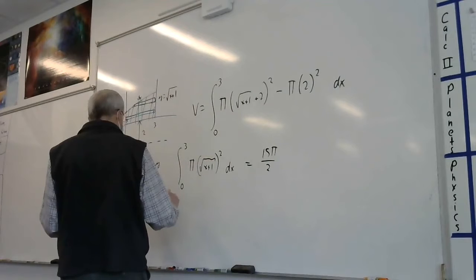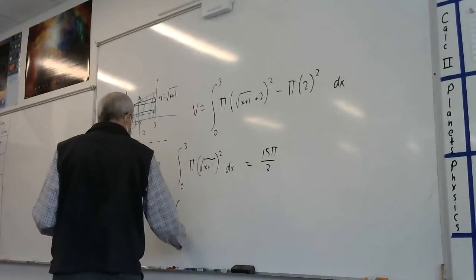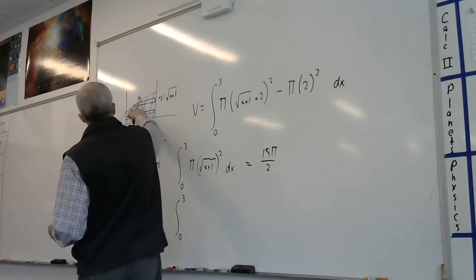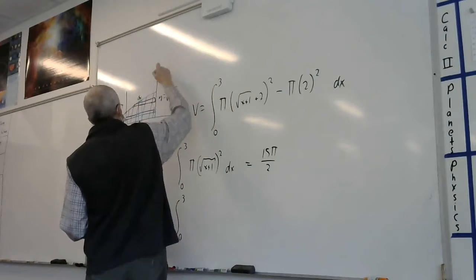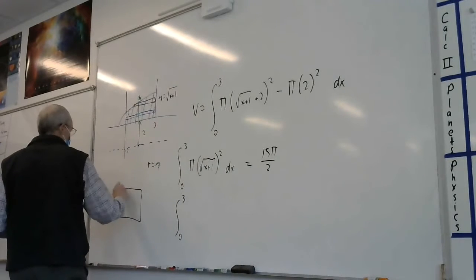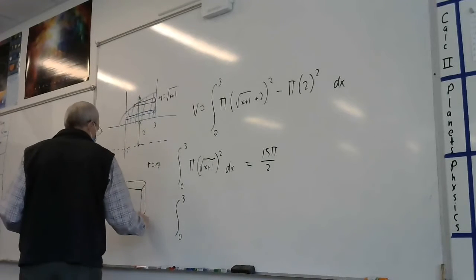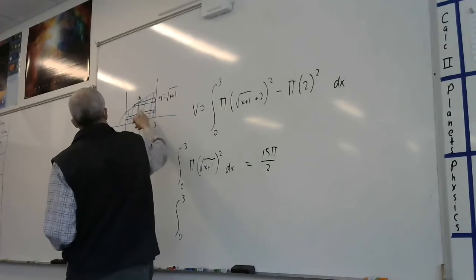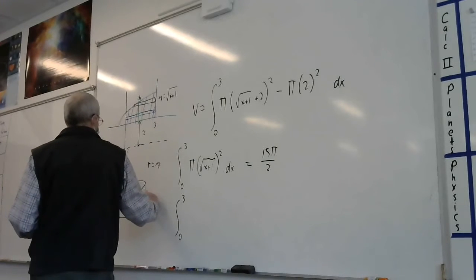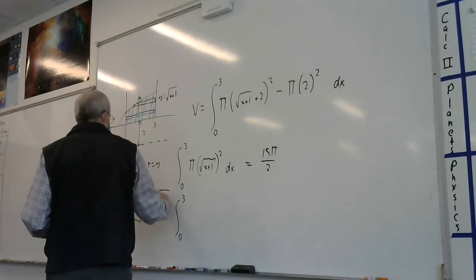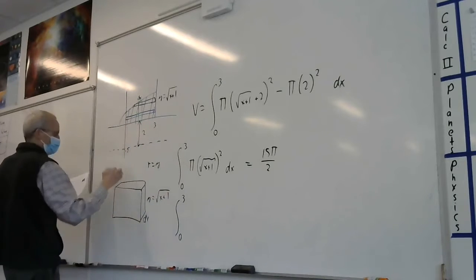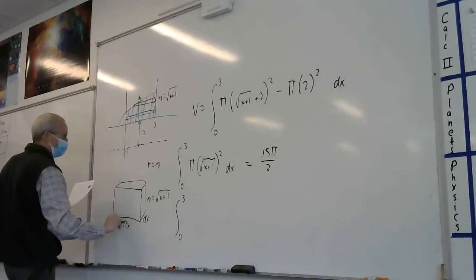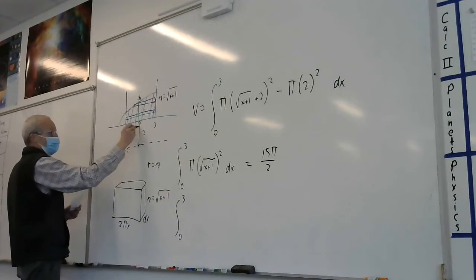So that one becomes, it's dx, and so our box looks like this. We're integrating with x. The height is y, which is the square root of x plus 1. And the radius is just 2 pi x, because x is the radius.